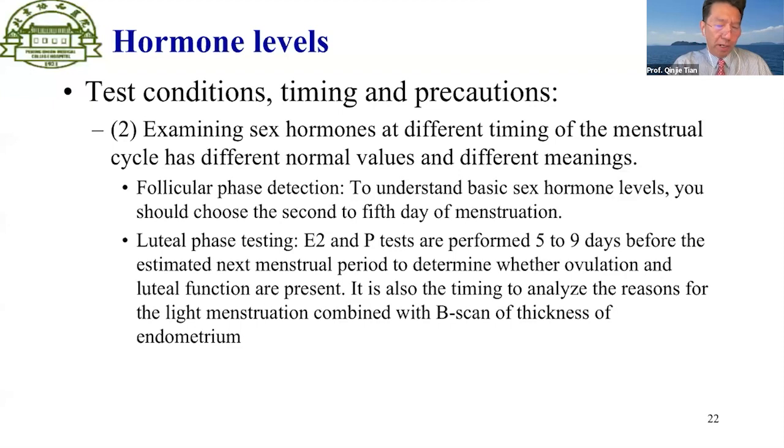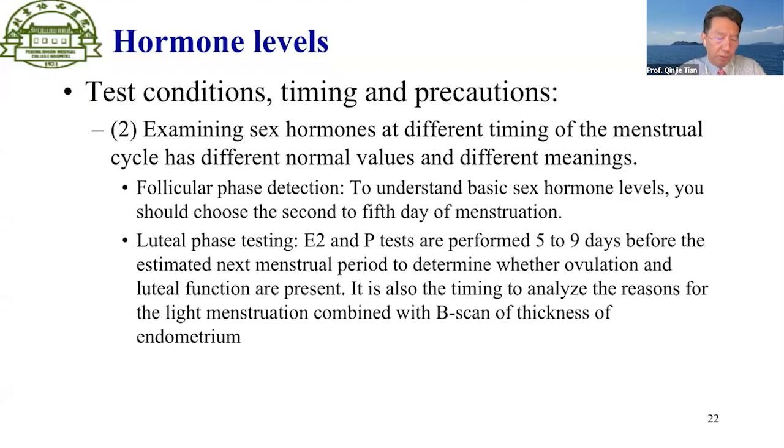Assessing sex hormone levels at the different phases of the menstrual cycle yields varying normal values and conveys distinct meanings. During the follicular phase, hormone levels can provide insight into the baseline status of the sex hormones.